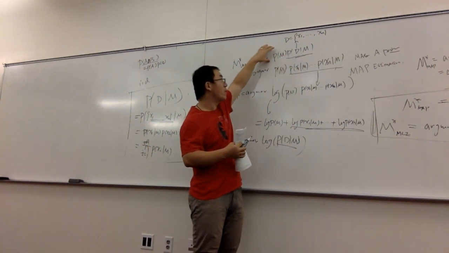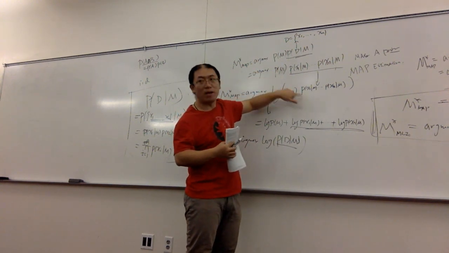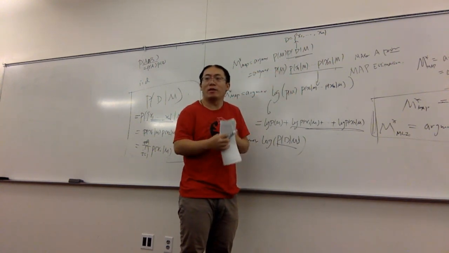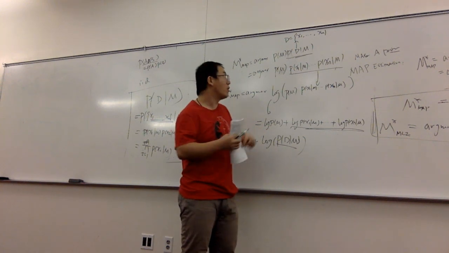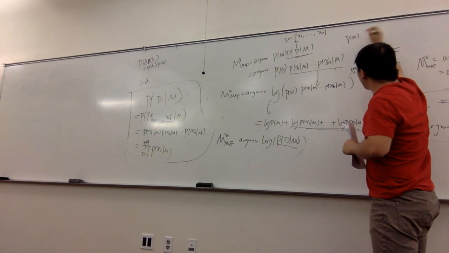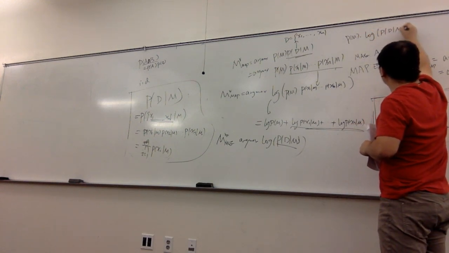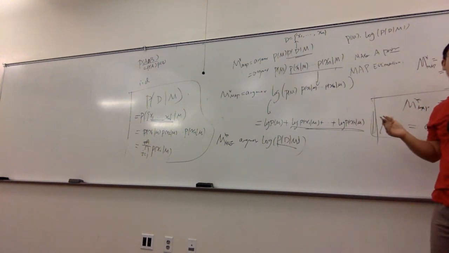When you take the logarithm of this production, it immediately becomes the logarithm of the prior plus the logarithm of the likelihood. You cannot avoid this. You cannot do things like multiplying P(M) with the logarithm of the data likelihood. This is actually not allowed.